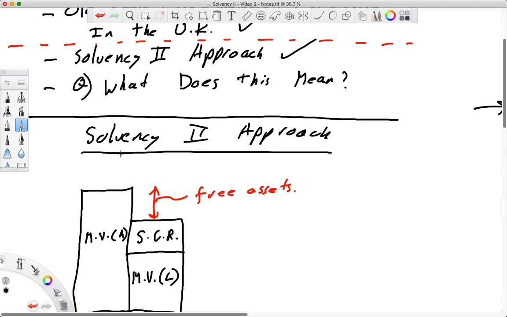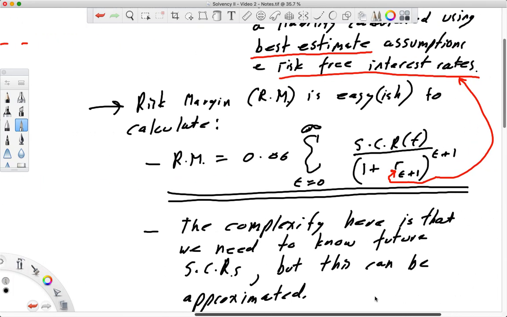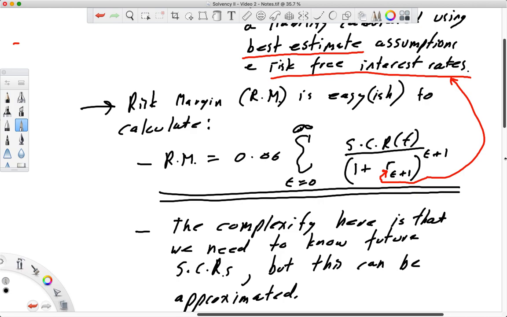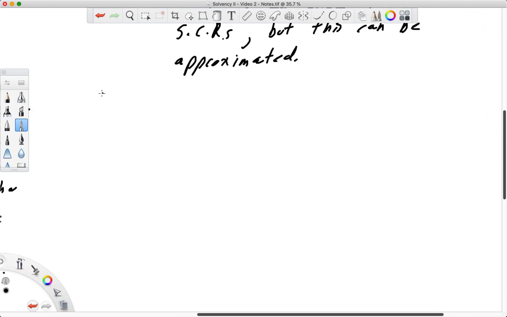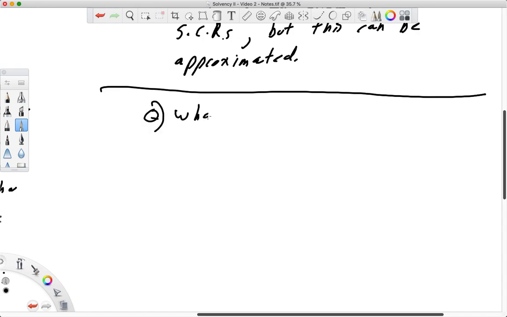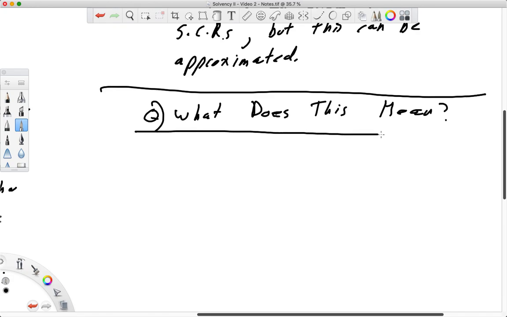So what does this mean? So the question is, what does this mean? Answer.